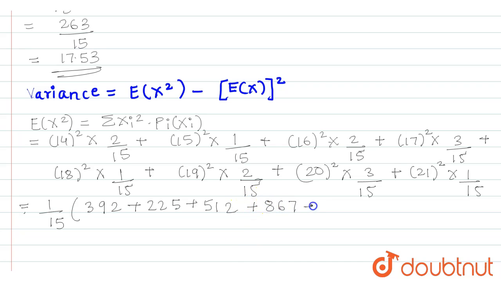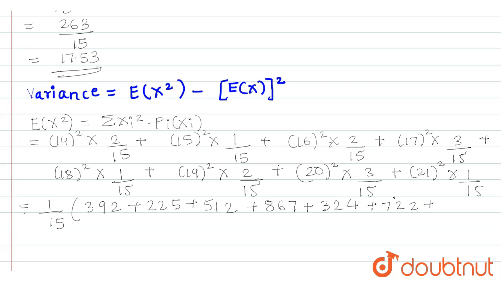We have already taken 1 by 15 common. Then moving ahead, 18 square. 18 square is 324 times 1 is also 324. Next is 19 square. So 19 square is 361. 361 times 2 is 722. Next moving on, 20 square.